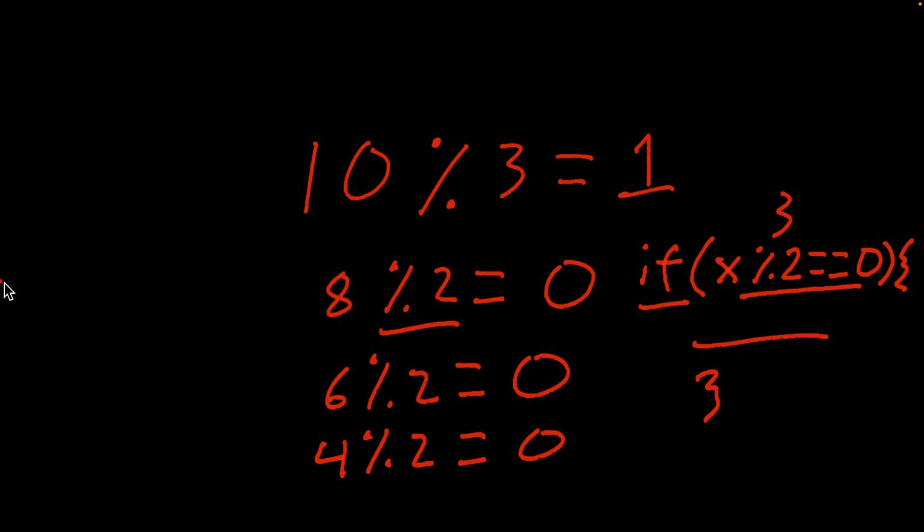Another way we can write an if statement, we can write it with the, what does this mean? Exclamation mark equal sign. Not equal to. Yes, this means not equal to.